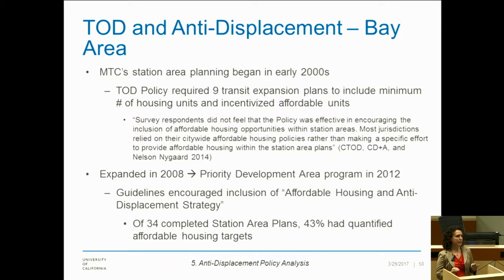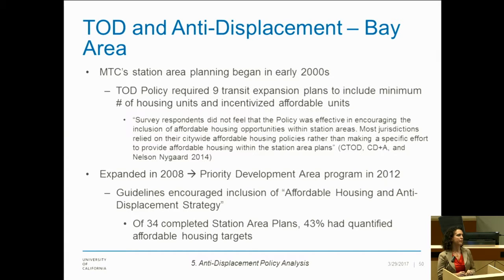But then we looked very specifically at transit investments and transit plans, station area plans, and what those are saying about displacement. So in the Bay Area, we looked at MTC's station area planning program, which is the predecessor for their current priority development area plans.